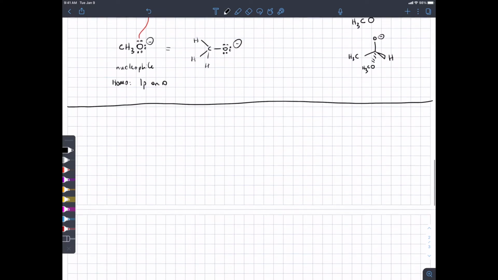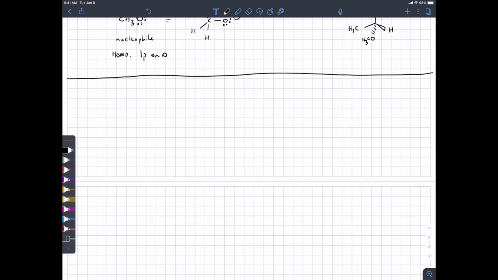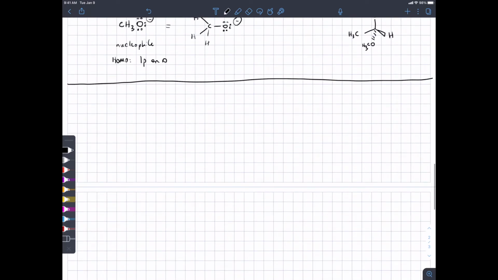So we need to begin with a couple of definitions. When we want to evaluate how strong an acid is, we do so relative to something else, okay? So the most useful benchmark for most of the acids that matter, at least biologically, is water.